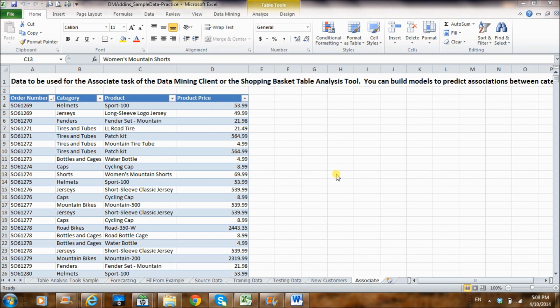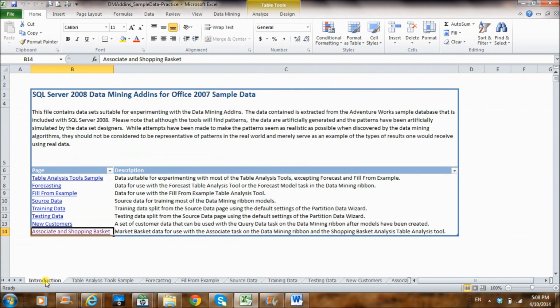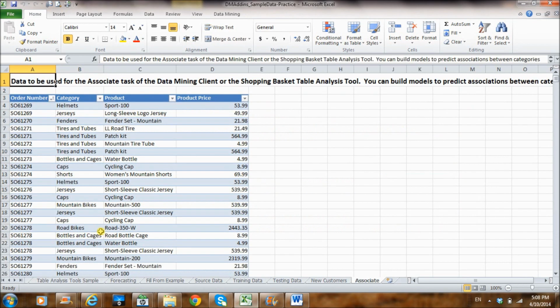Okay, so let's look at this associate data. You can find it using this label over here, or you can start from the introduction, and you can find the last one here, associate in the shopping basket. So you can click it, and it will bring you to this Excel sheet. Again, the data is in the table over here.